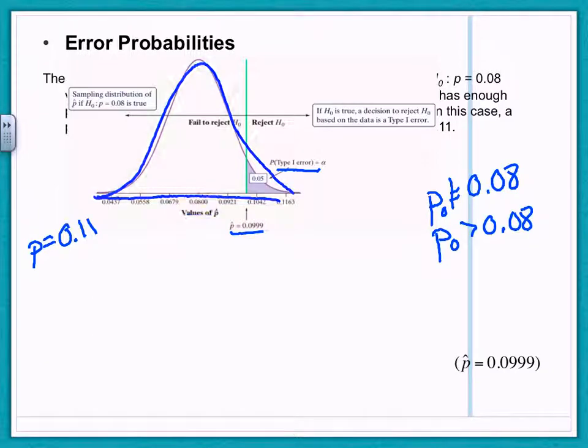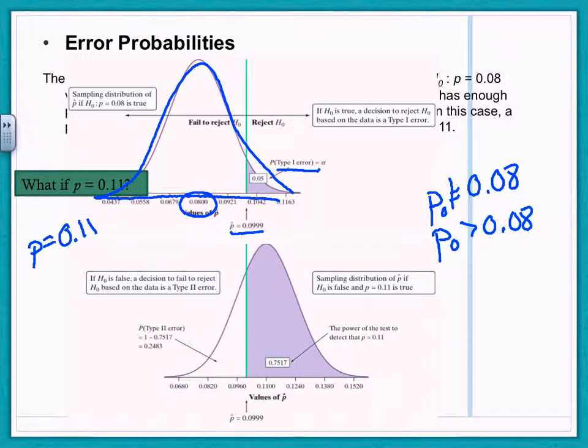It is no longer going to be centered at 8% because if we created a type 2 error, that can't be your center. That's not your actual proportion. Instead, our actual proportion would be centered at 11. So we create a new distribution here centered at the 11% that for some reason we all of a sudden know is our actual proportion.